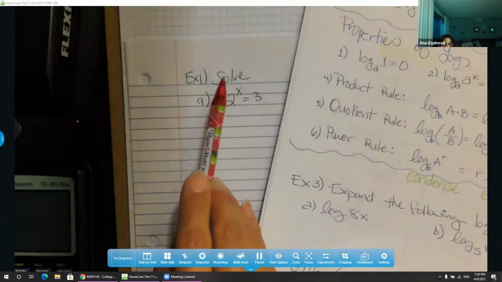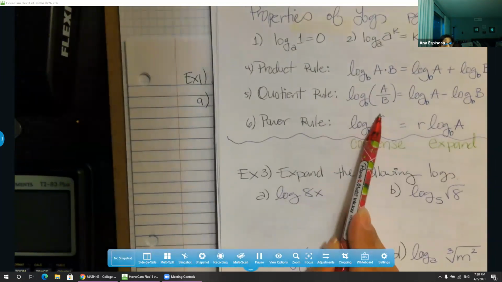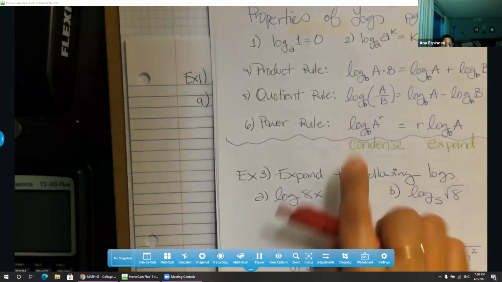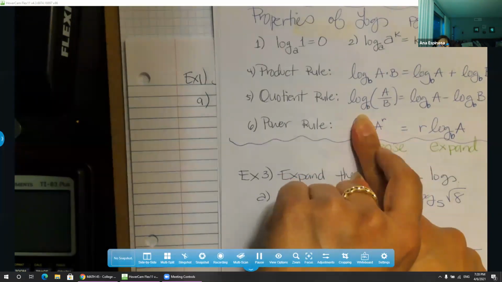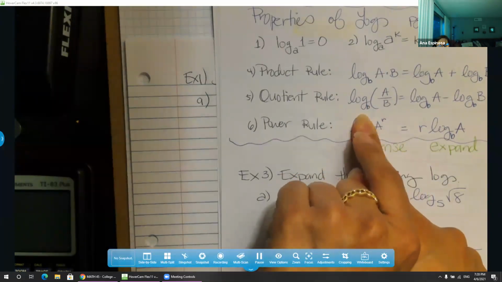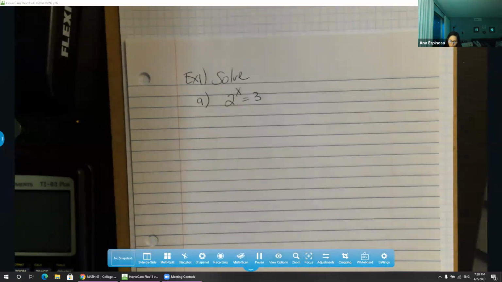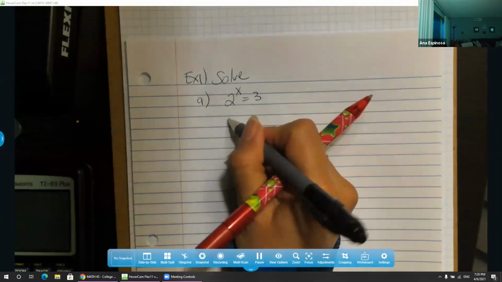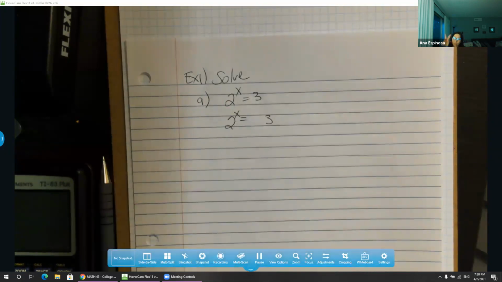My variable is in the power. The only way I can legally bring it down is if there's a log or an ln here. If there was nothing here, I could not bring this power down, because a to the r does not mean the same thing as r times a. So in order to bring it down, I need a log or an ln. If I don't have it, I can put it, but you just have to do it to both sides.